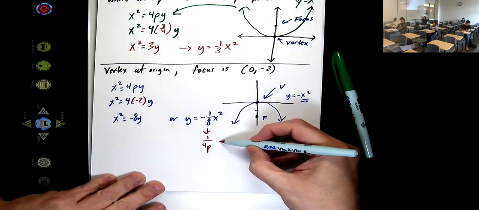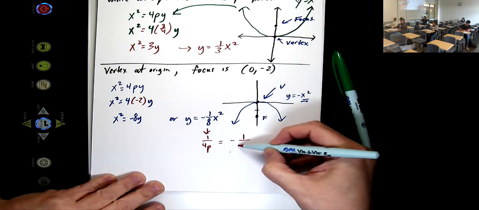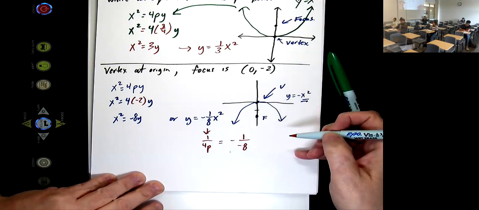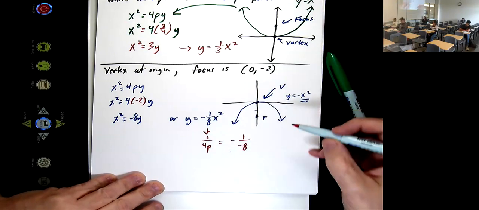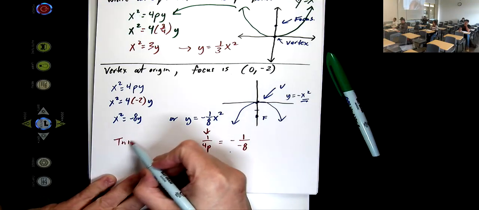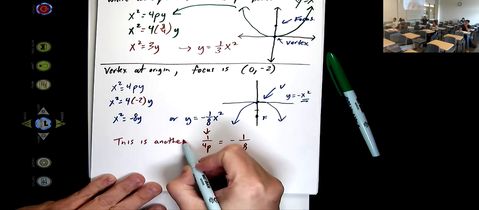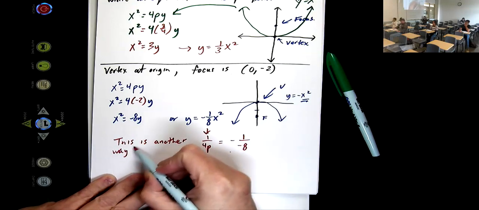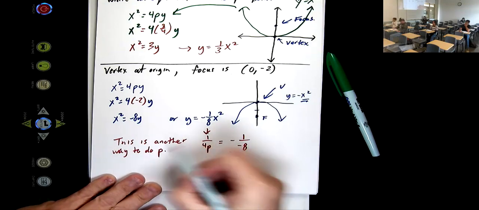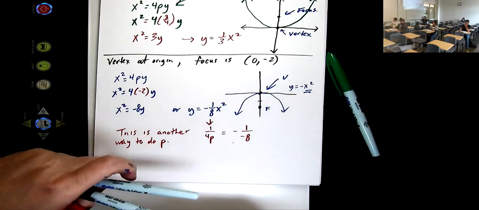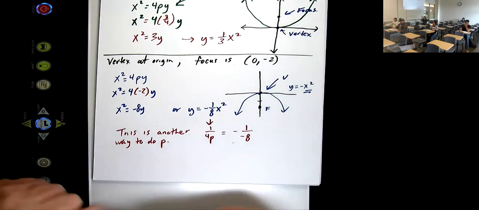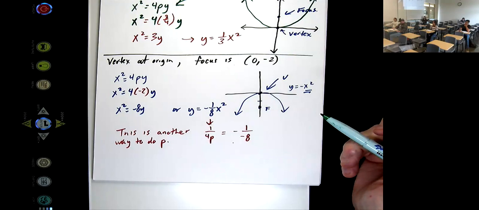So you're saying 1/4p equals -1/8. And you have to kind of solve. This is another way to find p if you don't have it. It's just a pain to work with because it's fractions.